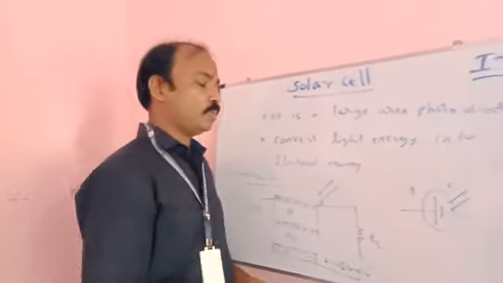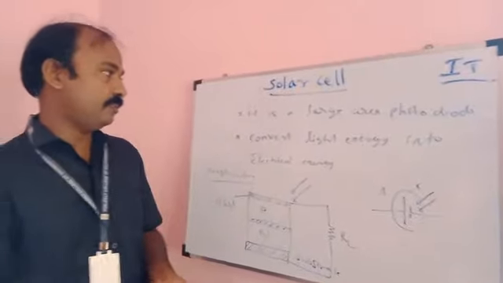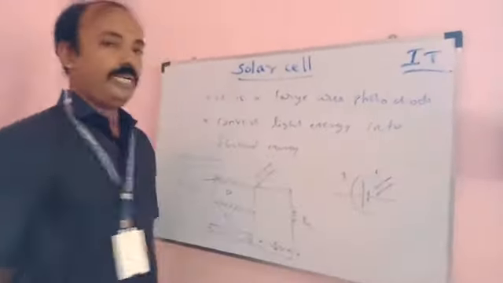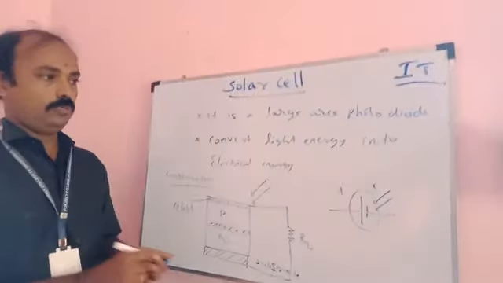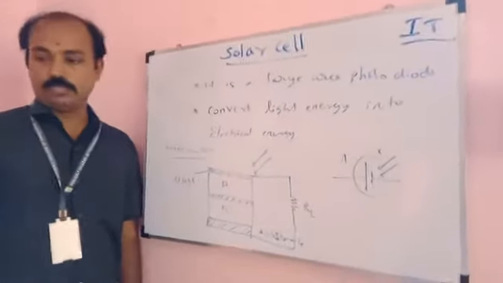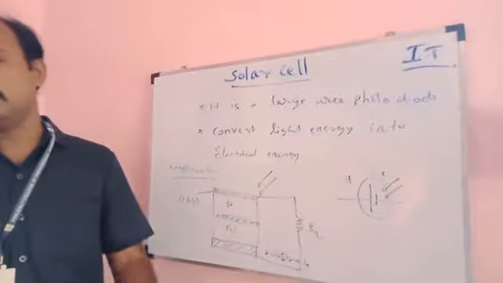So diffusion takes place easily in this type of semiconductor. That's why the P and N regions are small. So this is about construction.